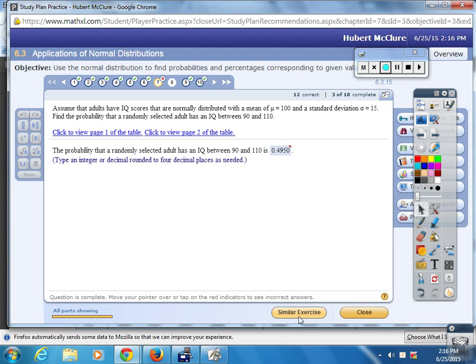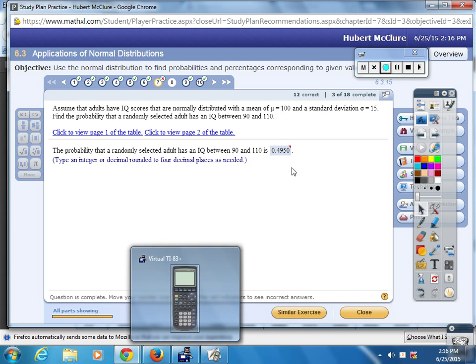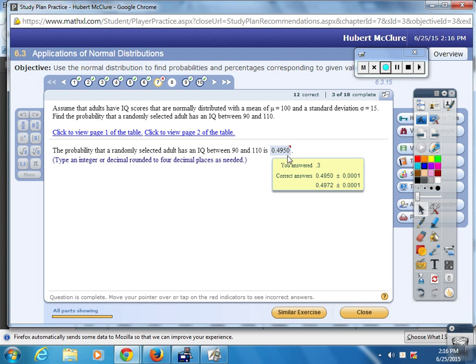And what did we get? 0.4946. Oh, there it is. All right, they do. See here? See there? That is your calculator answer, and that's your table.